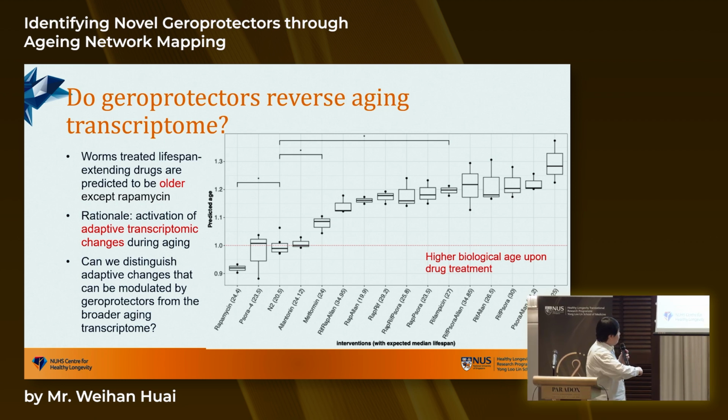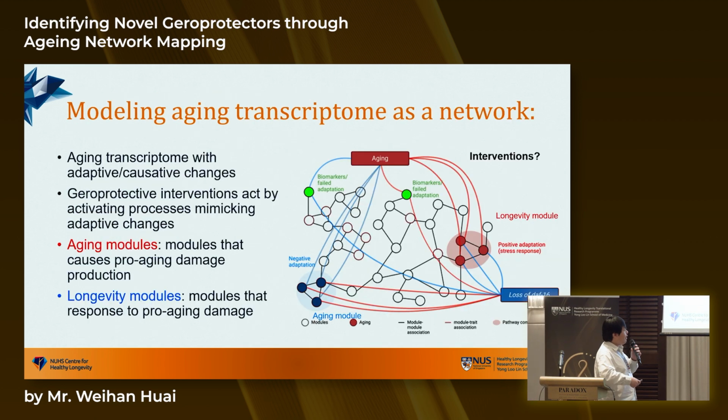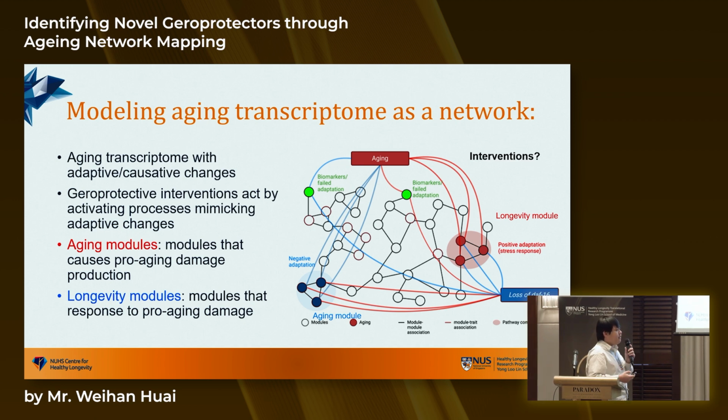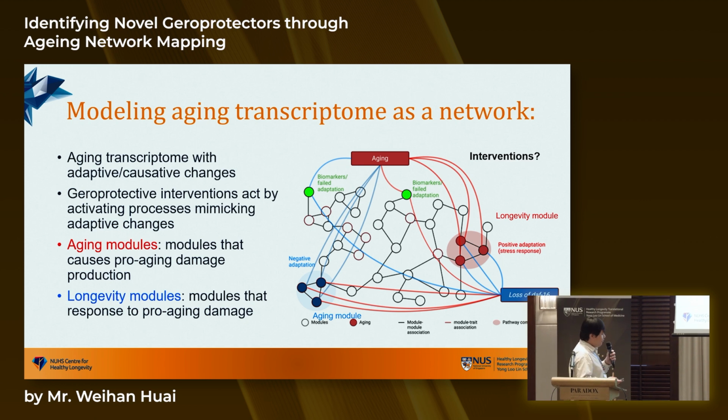But because these are also activated during aging, your worms will be predicted to be biologically older. So now the question is, how can we actually deconvolute the aging transcriptome to extract these from this complex transcriptome, instead of just using the PC as a representative of aging?